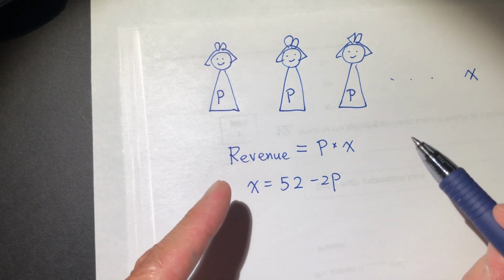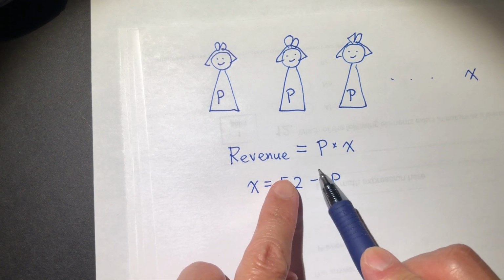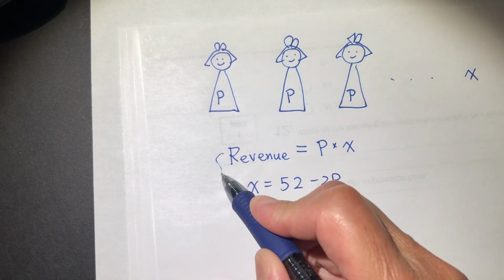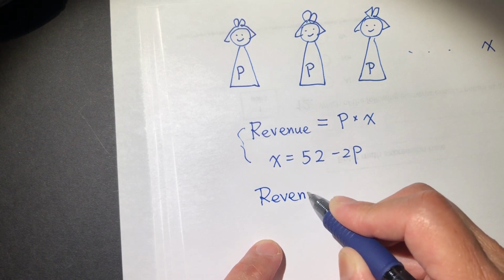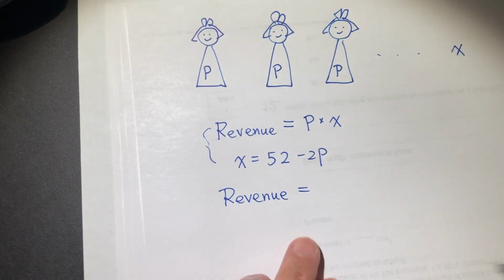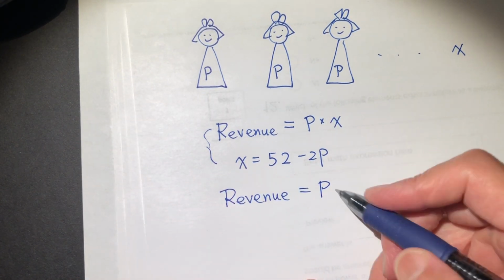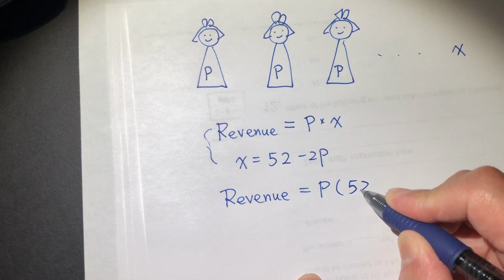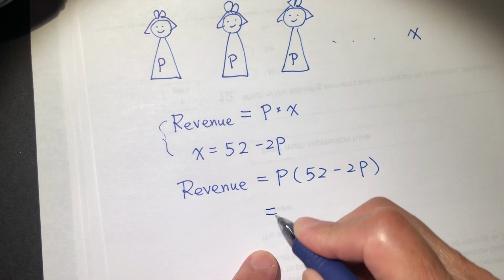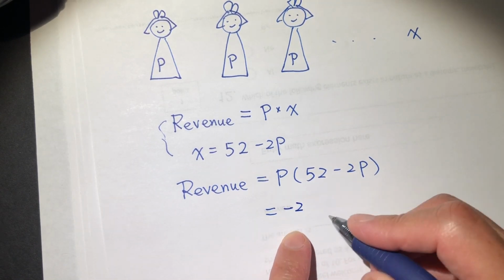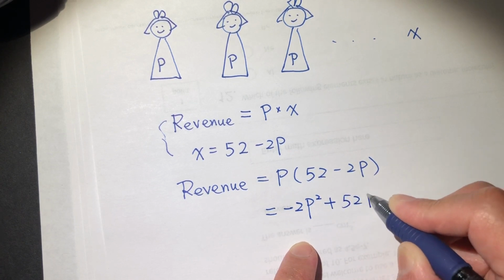So we can replace X with this equation. Revenue equals P times X, where X is replaced by 52 minus 2P. Okay, so it's negative 2P squared plus 52P.